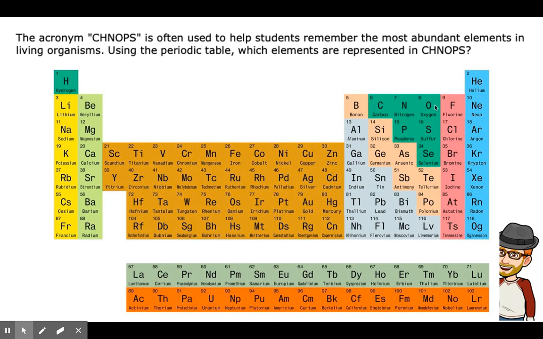O is oxygen. P is phosphorus. S is sulfur. So those are the answers. You'll have multiple choice, but the answer is going to be carbon, hydrogen, nitrogen, oxygen, phosphorus, sulfur. So you just have to match it up.